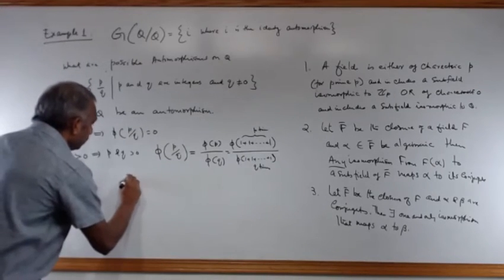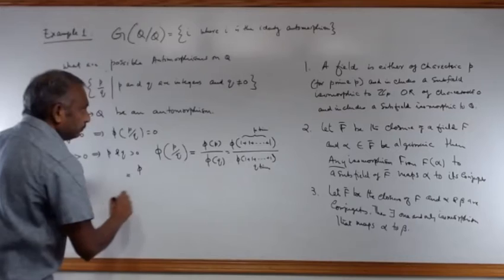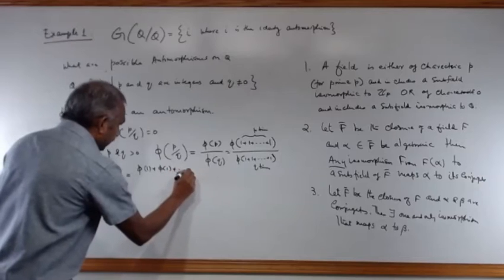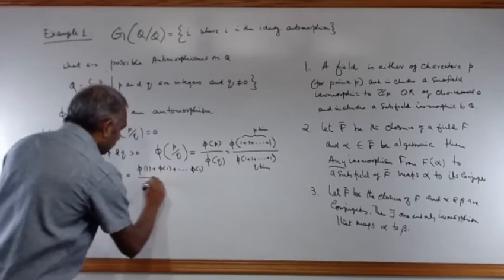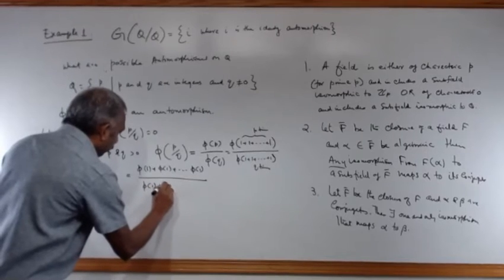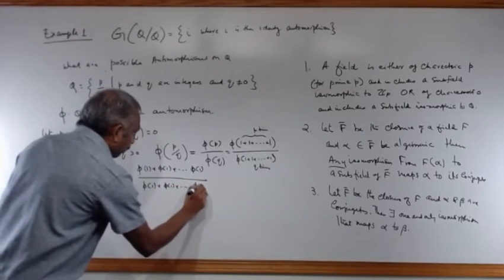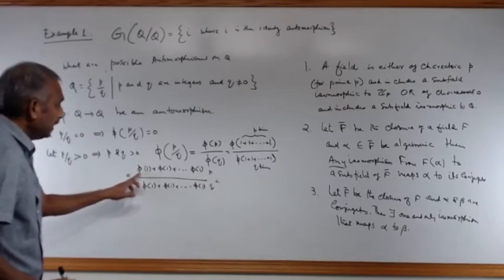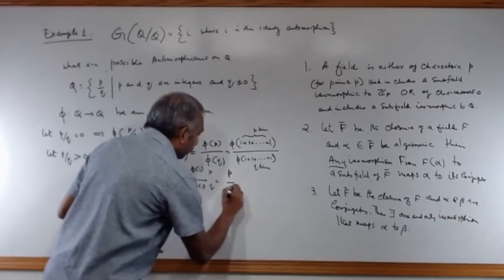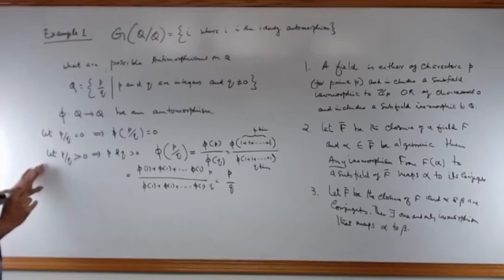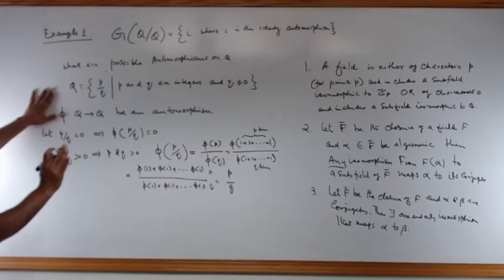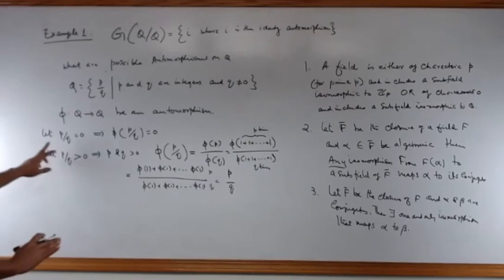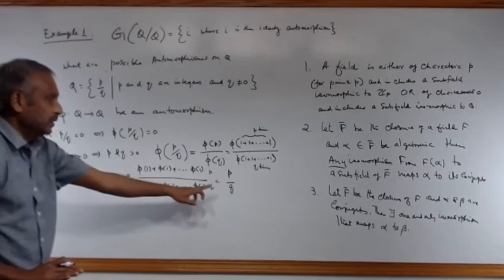That is equal to phi of 1 plus phi of 1 plus ... plus phi of 1, p times, over phi of 1 plus phi of 1 plus ... plus phi of 1, q times. Each phi of 1 is 1, so this is actually p by q. This is any automorphism. So phi of p by q is equal to p by q.